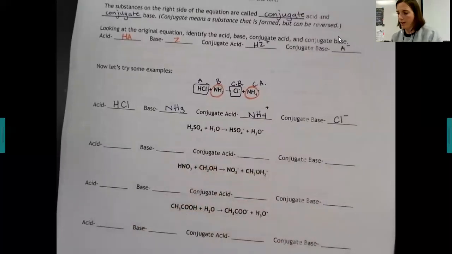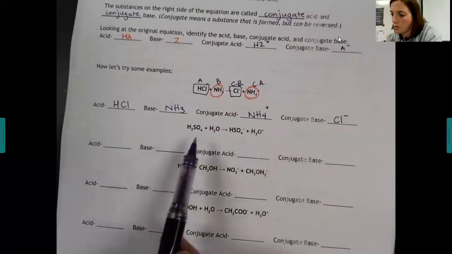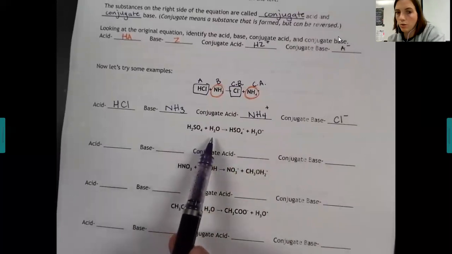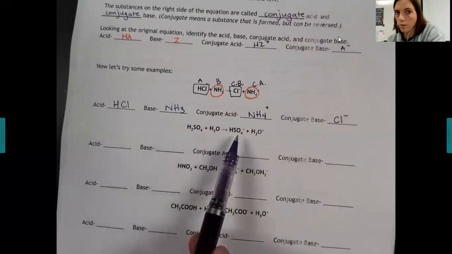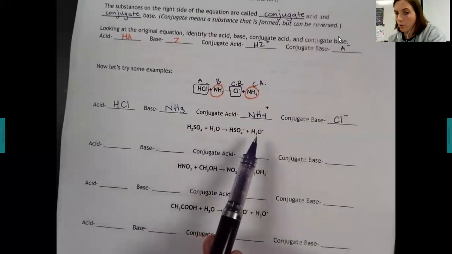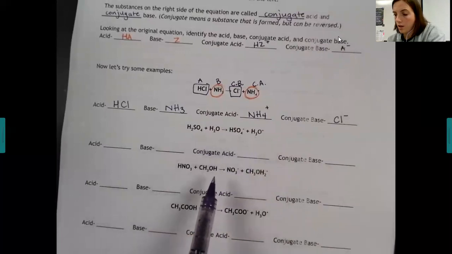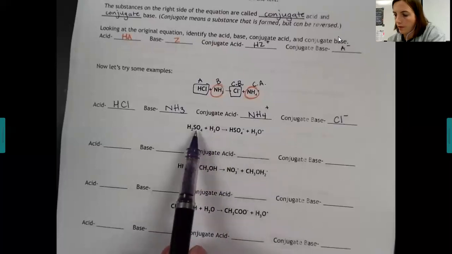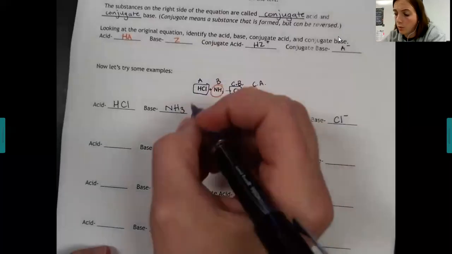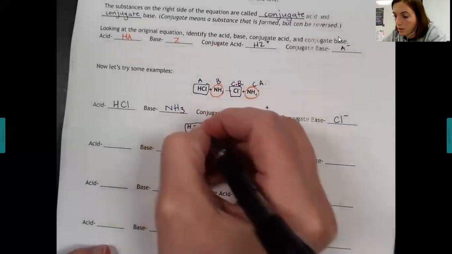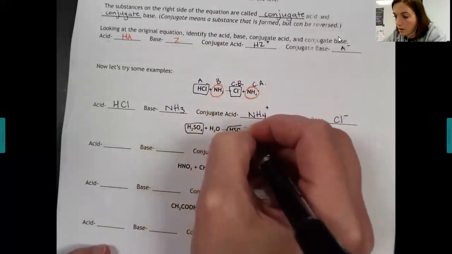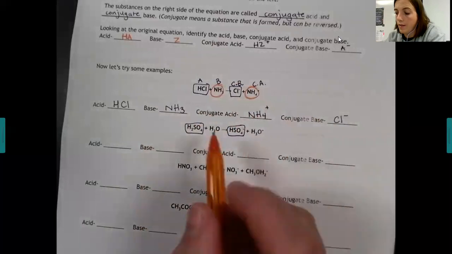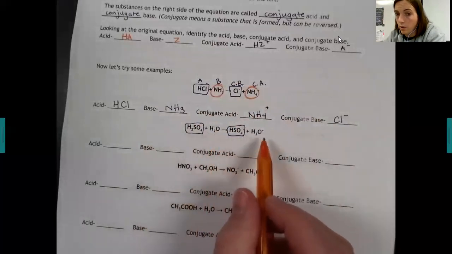So we have H2SO4 plus H2O makes HSO4 minus and H3O plus. What do you think we're going to pair up? We have SO4 here and SO4 there, so we're going to pair up the SO4s. And then we have H2O and H3O.